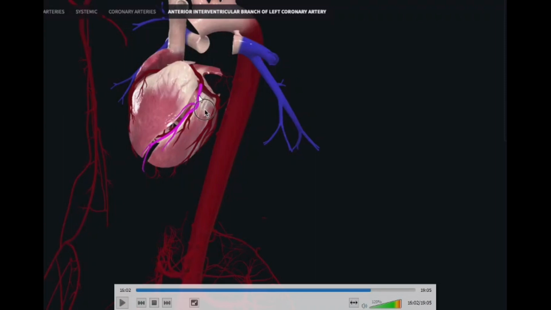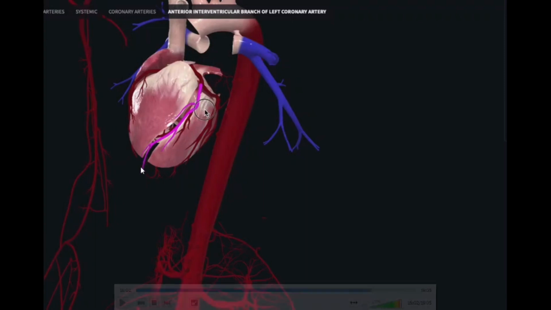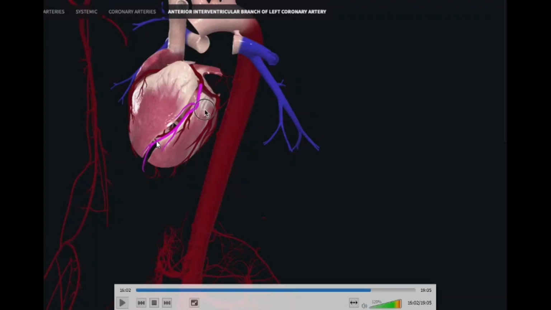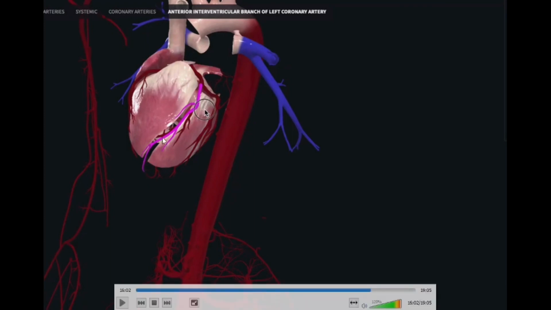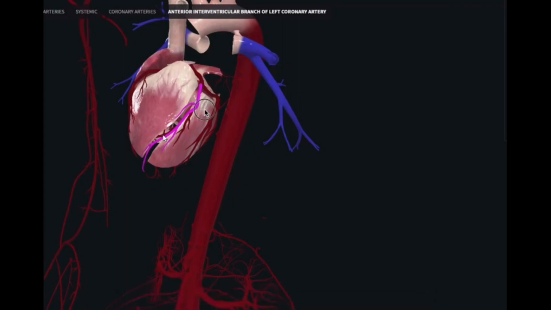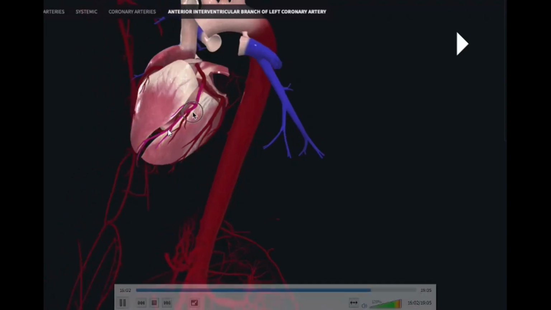This is a very big branch of the left coronary artery. You can see it extending to the apex of the heart, supplying some branches to the right ventricle, and also to the left atria and the left ventricle. It is also known as the left anterior descending artery, or the anterior interventricular branch.